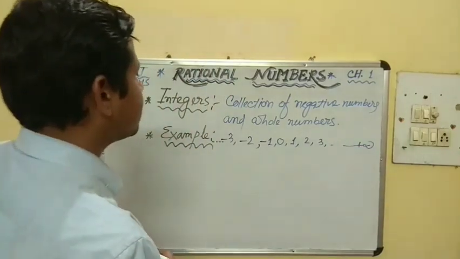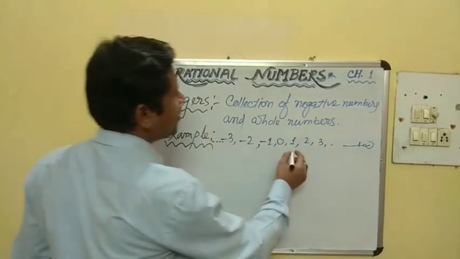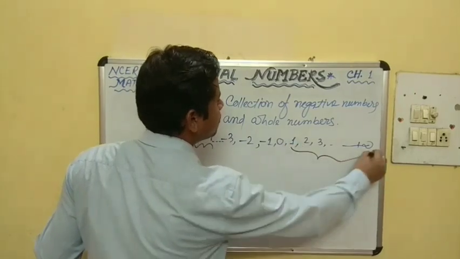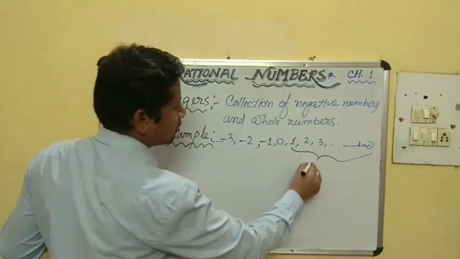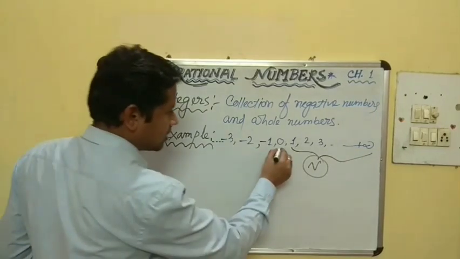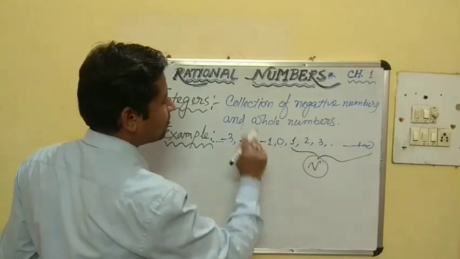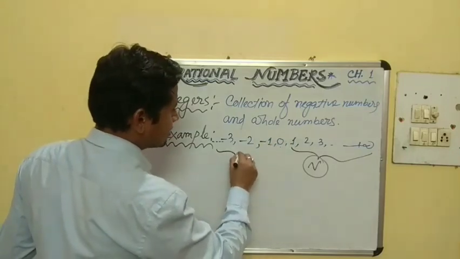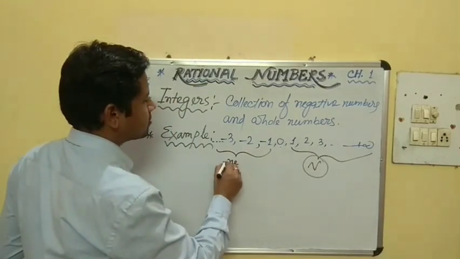Here you see that the collection is divided into three parts. From here to positive infinity, they are the natural numbers, which we denote by capital N. This is 0, which is neutral, neither positive nor negative, and these are the negative numbers.